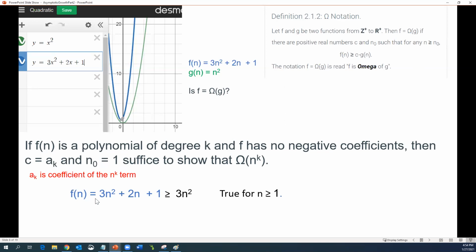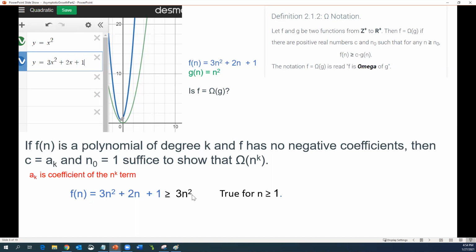So here we go. We have this 3n squared plus 2n plus 1. If f has no negative coefficients, and this doesn't have any negative coefficients, then here's how we show it. We just drop the terms that don't have the highest degree, and then compare.